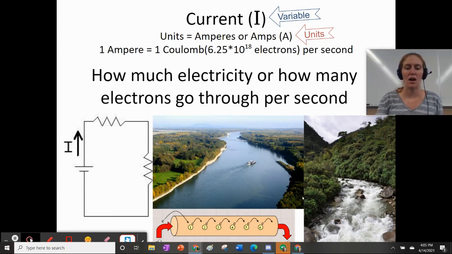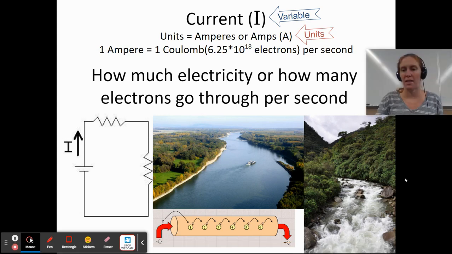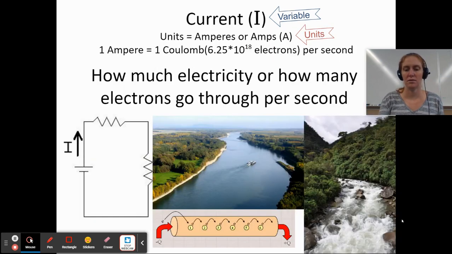So here on the right, I have a smaller river that has some water going through it and it's moving fairly quickly, but there isn't that much water in comparison to this really huge, really deep river. And this river has a lot of water going through it per second.